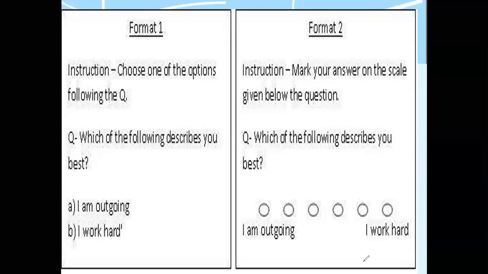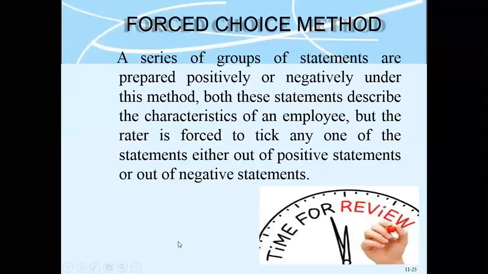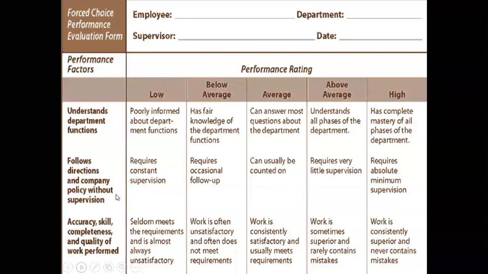So these are the kind of methods that we have to understand, like the forced choice method. Then this is also one of the examples for the rating of an employee, right? So low, below average, average, above average, and high.